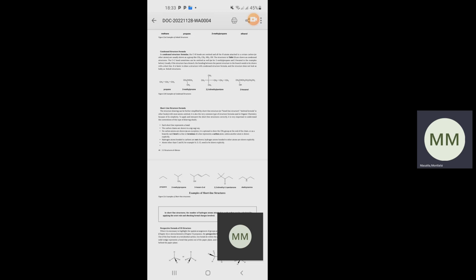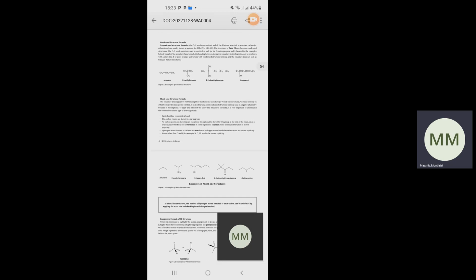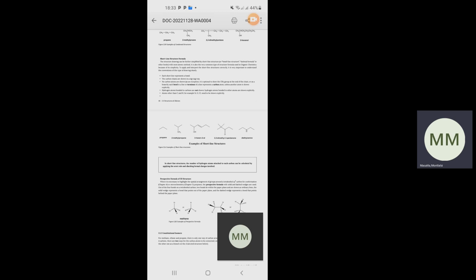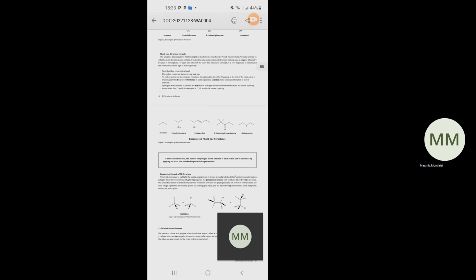But other hetero atoms in short line structure, you don't just leave them like that. You make sure that you indicate them, you write them down, you draw them. So there are conditions on how to write line structure. Carbon, I will know that is hydrogen, that we call short line structures.